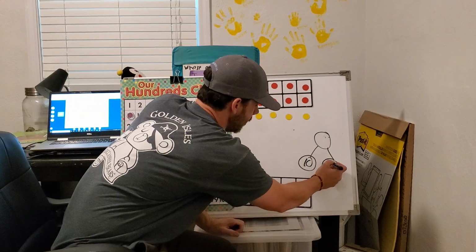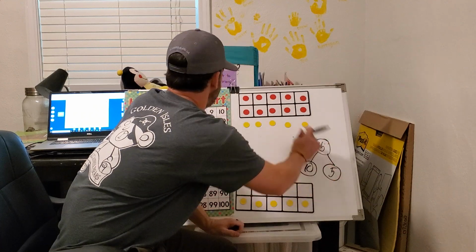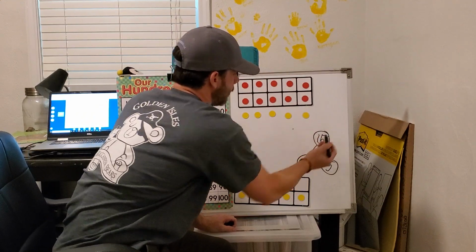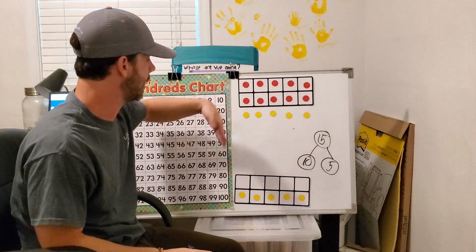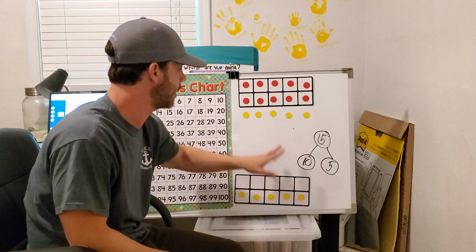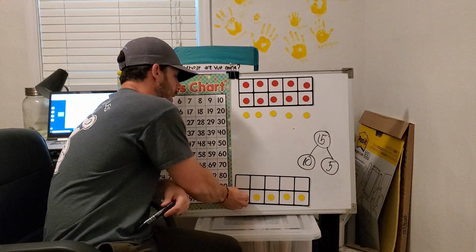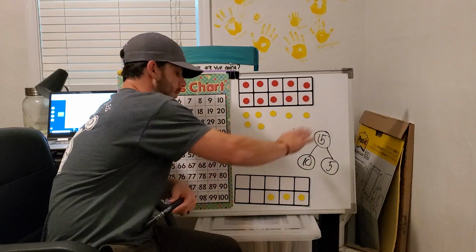You're exactly right. And 10 and 5, my friend, gives us the number 15. I see this as a part, I see this as another part, and I see them all together as a whole.